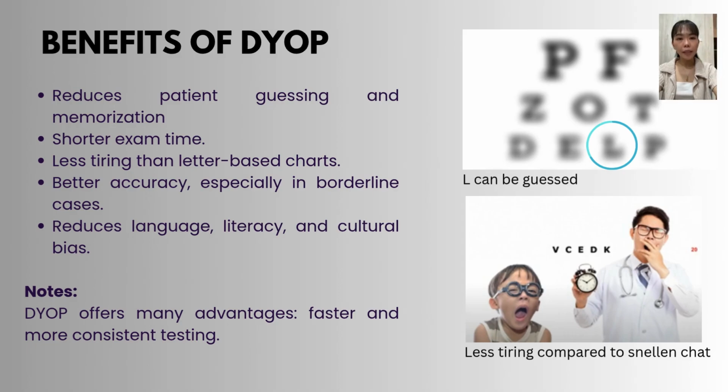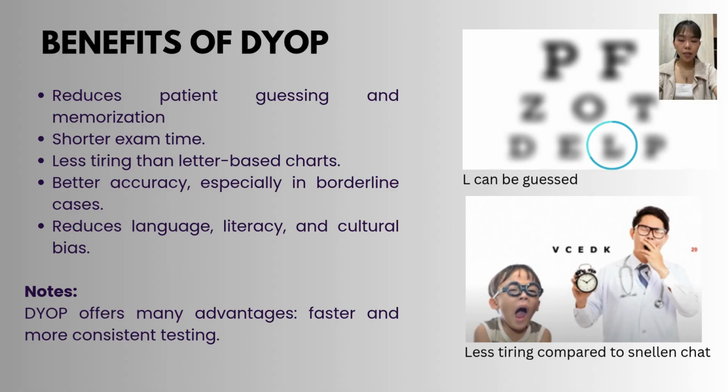Here are the major benefits of using Dyop. It reduces the chance of patient guessing and memorizing the chart, to avoid over-minus or under-minus refraction. It shortens the examination time per patient. It is less tiring compared to letter-based charts. It is more accurate in borderline or difficult cases.